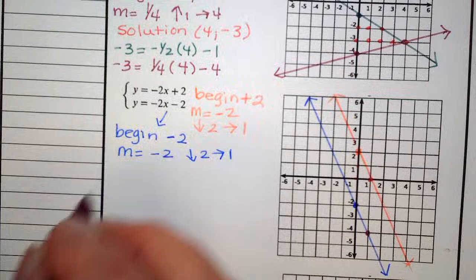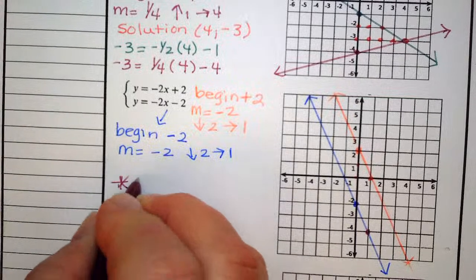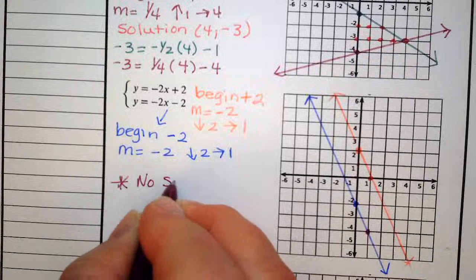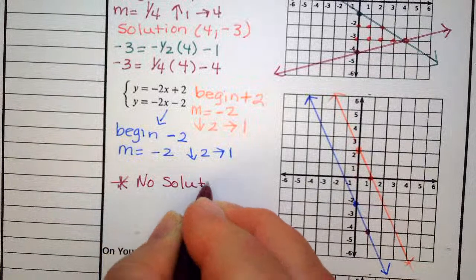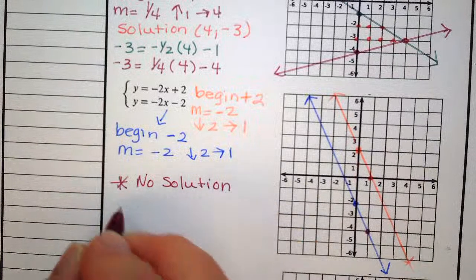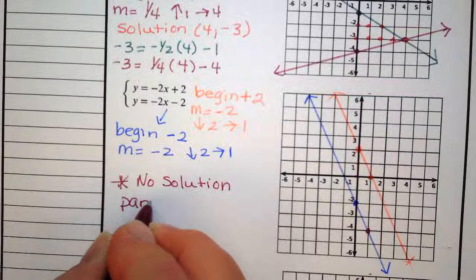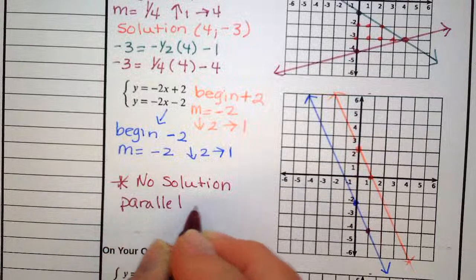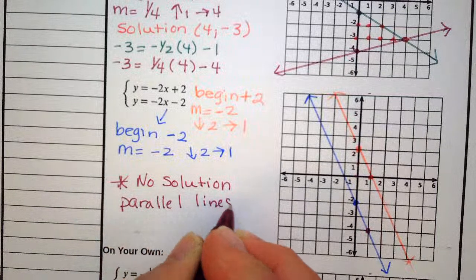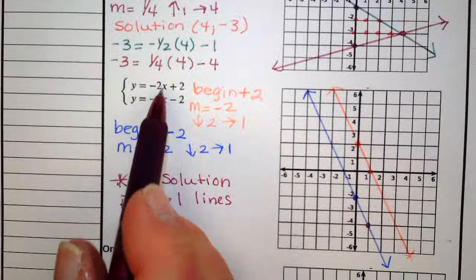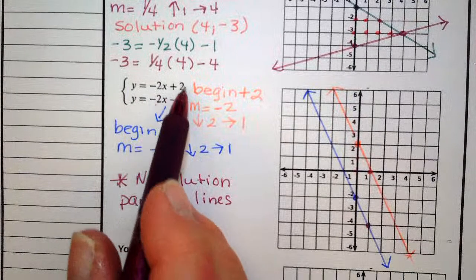None. So this is a no solution because the lines are parallel. Parallel lines have the same slope, but they have different y-intercepts.